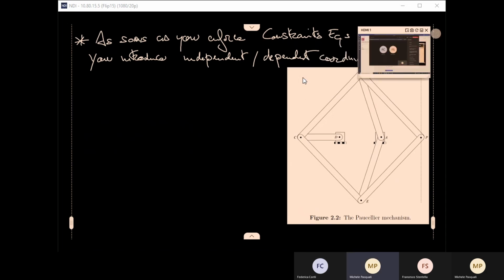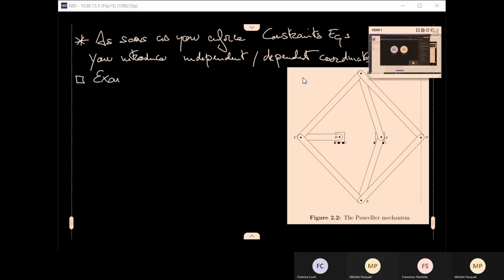This is the Poisselier mechanism. It's actually quite popular in the aerospace field, but it's a very old concept.